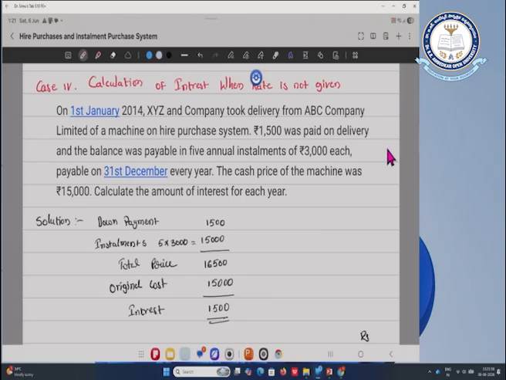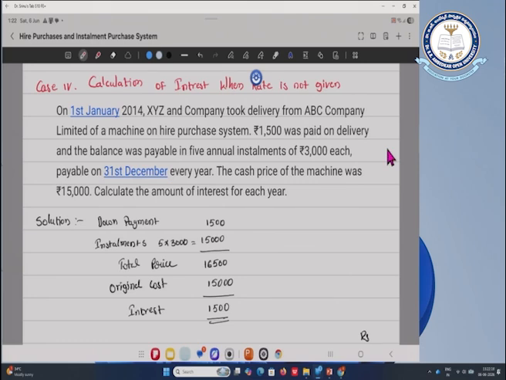How to calculate that? Simple, there is a method. Whatever the cash price is, the actual cost of the product, you deduct that amount from the total payment. Is it clear?